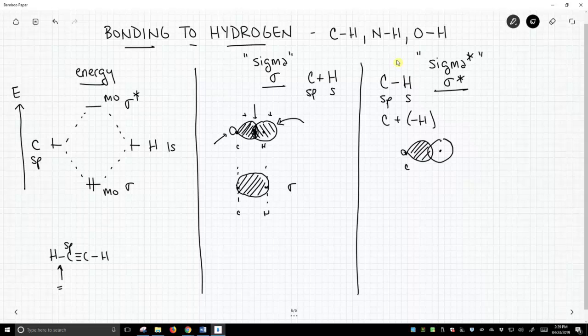Now notice we're going to get cancellation of our orbital density here in between. So when we draw the final thing, we end up getting something kind of like this. A lot of that interaction in between is gone. Because this part of the hydrogen 1s orbital gets canceled out, this part of the hybrid orbital on carbon gets canceled out, and we have nothing in between.